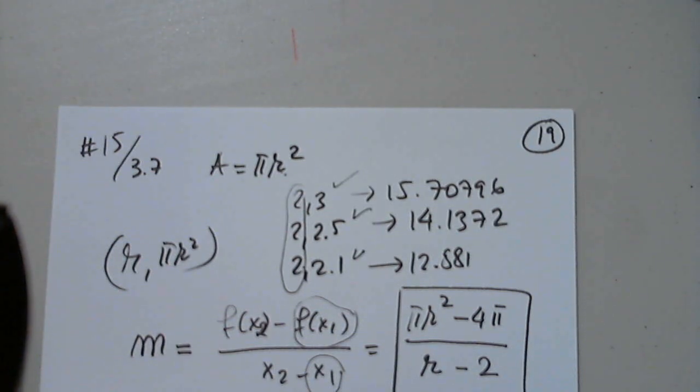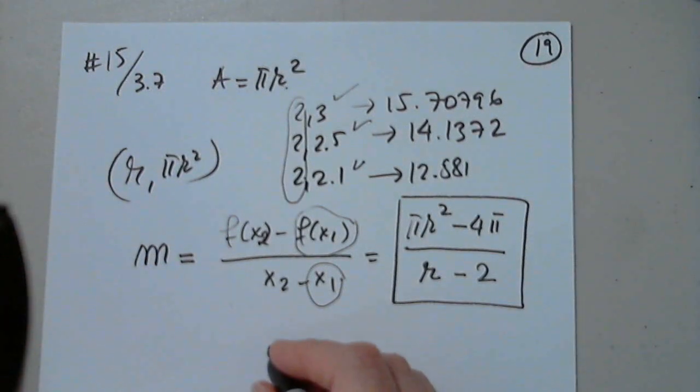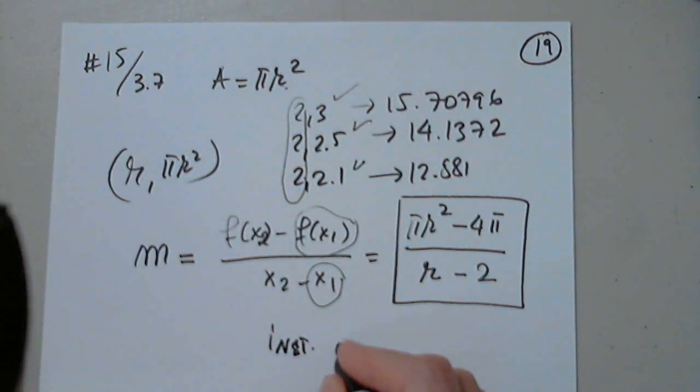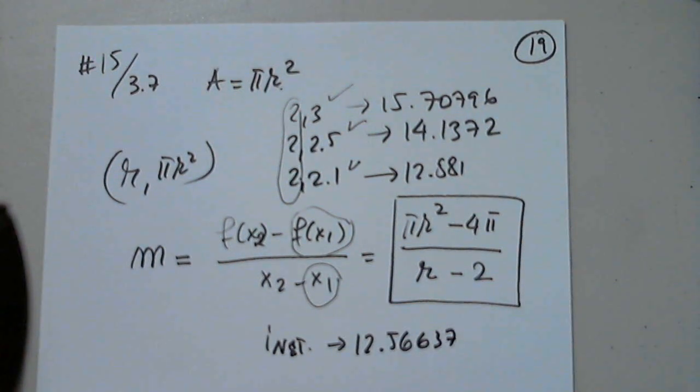Then find the instantaneous rate of change when r is 2. So when r is 2, I'm going to put in 2.000001, and I get 12.56637. Who cares?